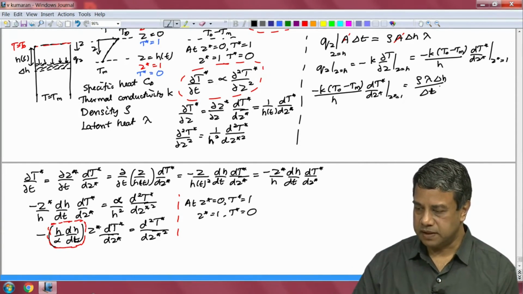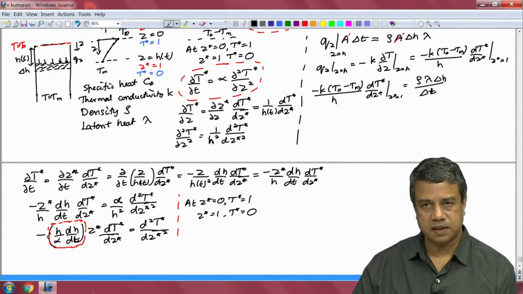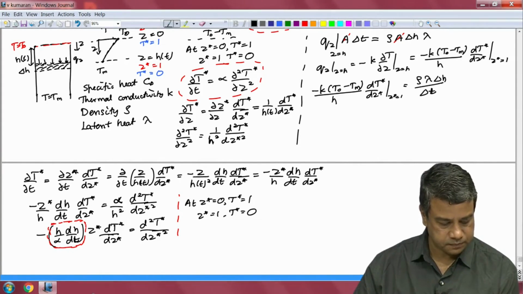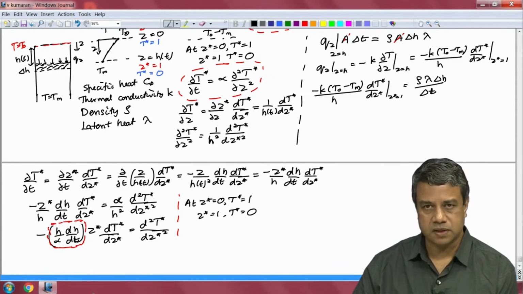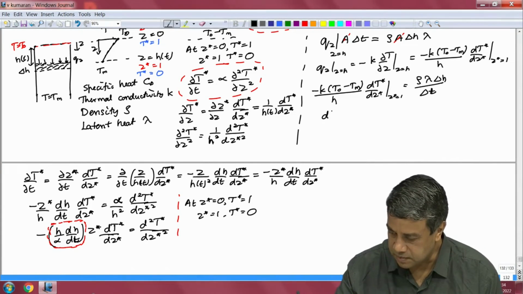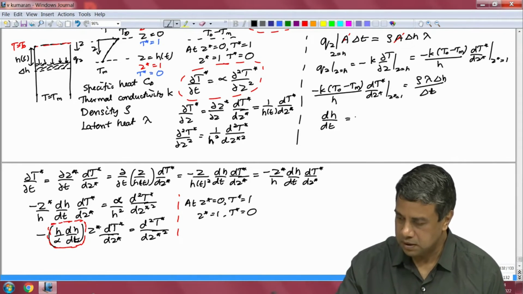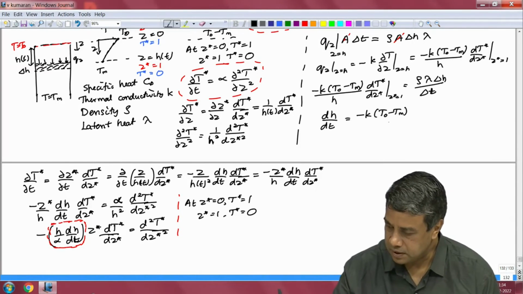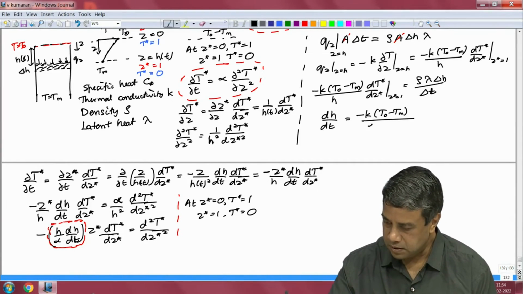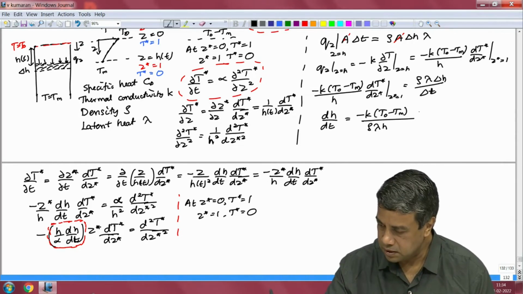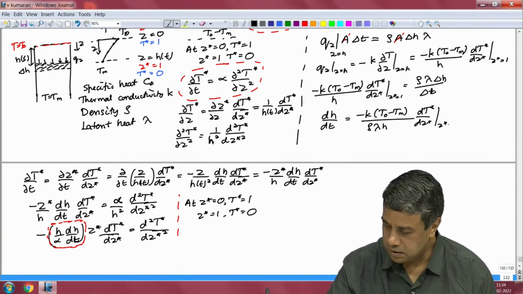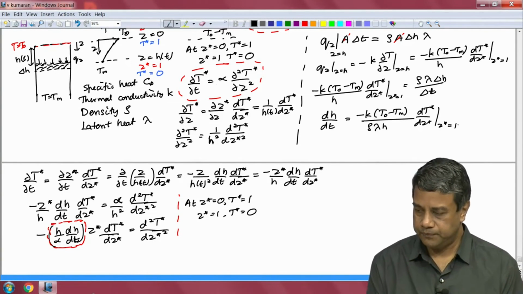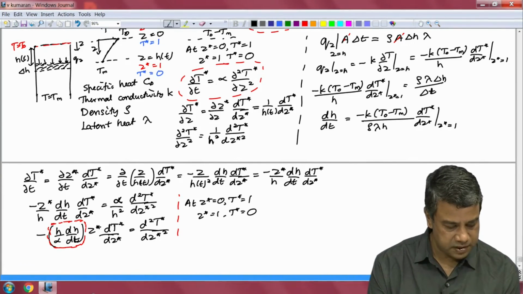I have cancelled out A on both sides and divided both sides by delta t. If I take the limit as delta h and delta t go to 0, this gives me an expression for dh by dt, equal to minus k into T naught minus Tm by rho lambda h, dT by dz. That gives me an expression for dH by dt.